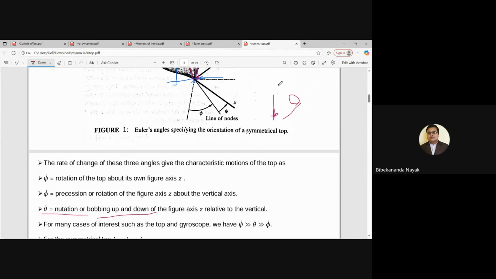Precession is a tilt motion, a kind of circular motion of the axis, and that is known as precession.